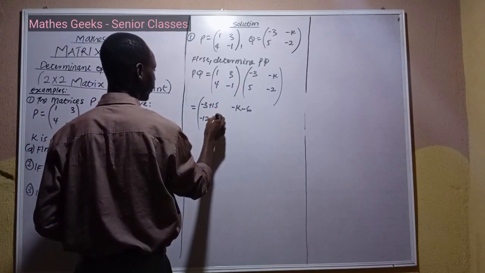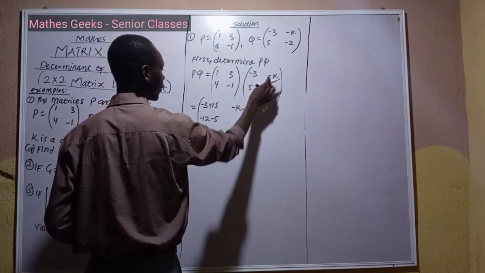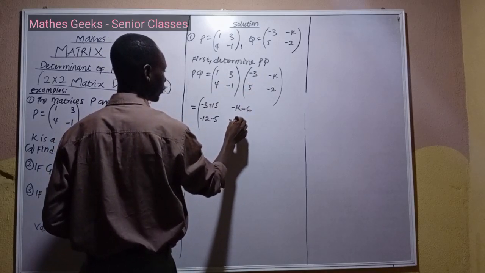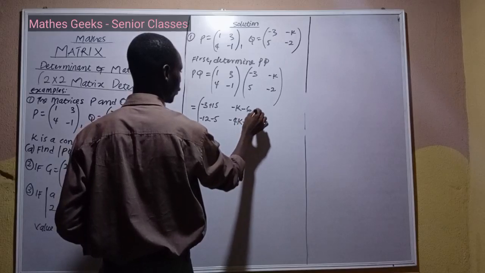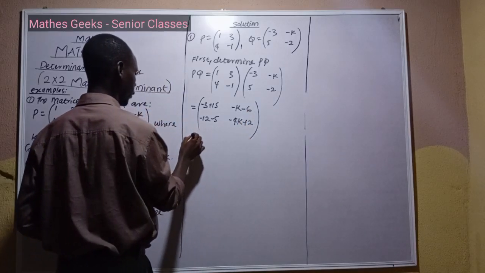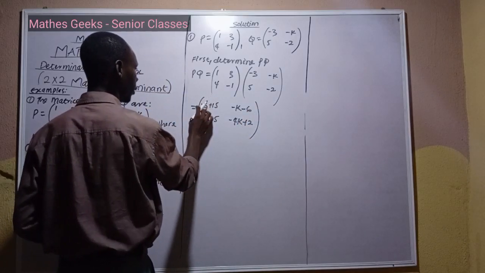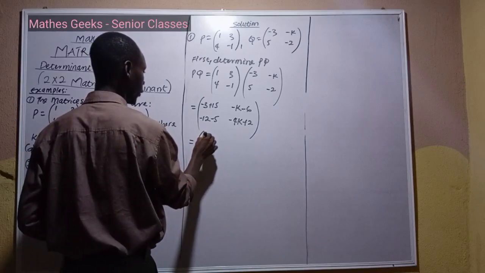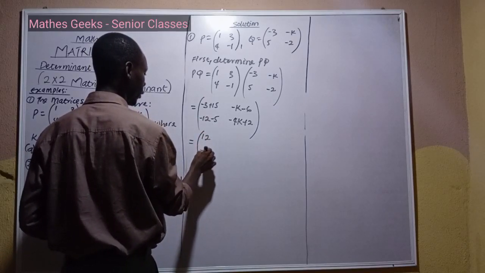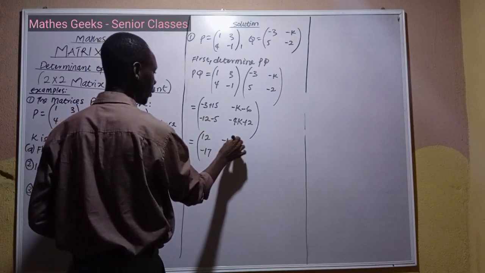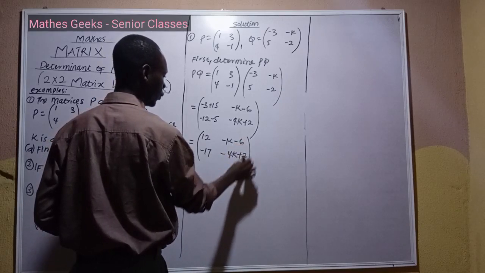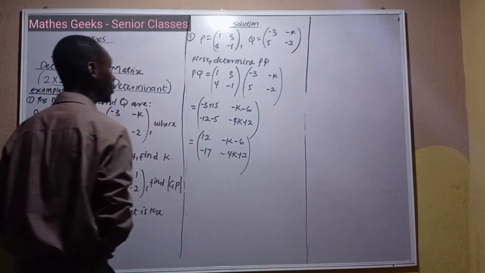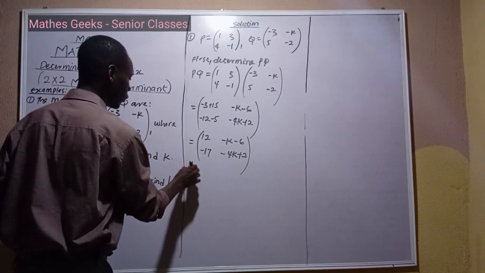Minus 1 times 5 is minus 5. 4 times minus k is minus 4k. Minus 1 times minus 2 is plus 2. Which is minus 3 plus 15 is 12, minus 12 minus 5 is minus 17, minus k minus 6, minus 4k plus 2. This is our matrix. Then the determinant of PQ.